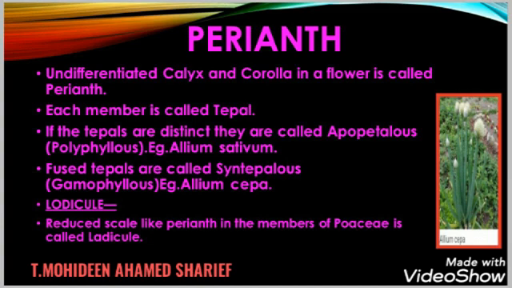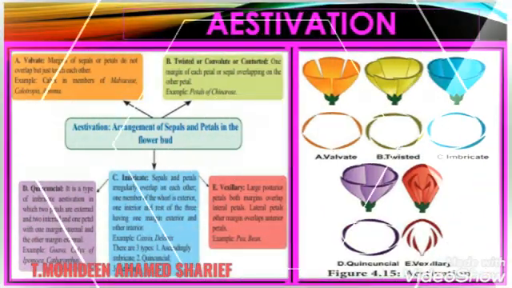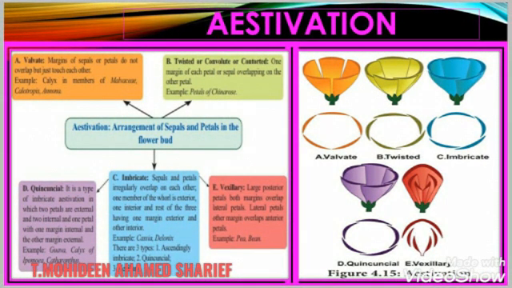Next we will see about the aestivation. So the arrangement of sepals and petals in a flower bud is called as aestivation. They are of 5 types. One is valvate, next one is twisted, then imbricate, vexillary and contorted. So in valvate, margins of sepals or petals do not overlap but they just touch.